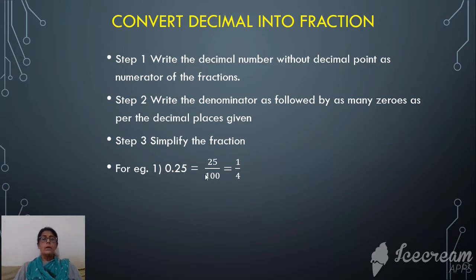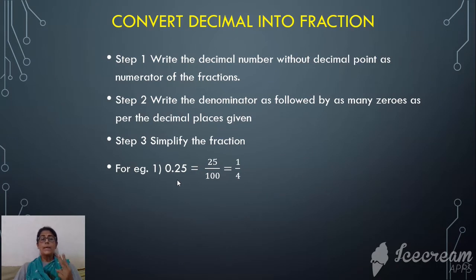0.25, right? So we have to write the decimal number as the numerator, as I have told you in the first step. So here we have written this decimal number as the numerator. Then the denominator is followed by as many zeros as there are decimal places. So how many places are here? 2 places, right?